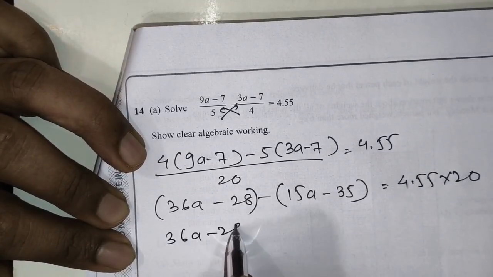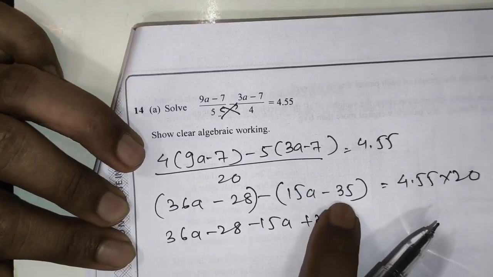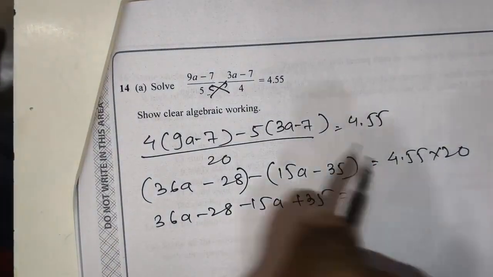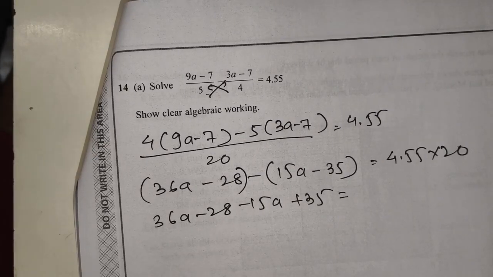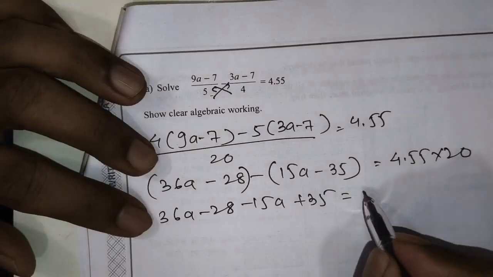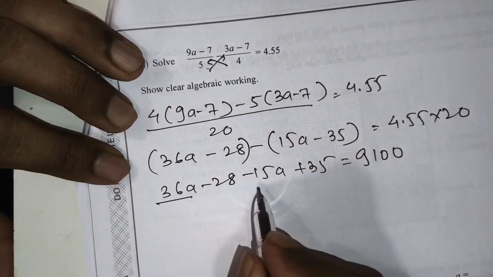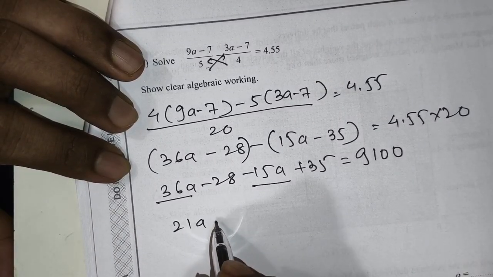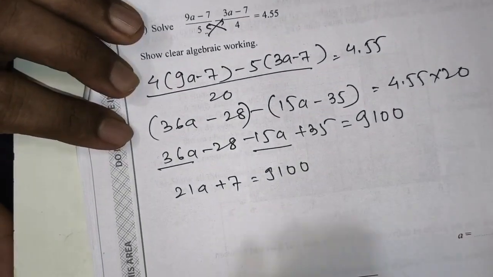So 36a minus 28 minus 15a plus 35, correct? Because minus minus becomes plus, is equal to 4.55 into 20. So 4.55 into 20 equals 9,100. 36a minus 15a is equals to 21a plus 7 equals 9100, correct?